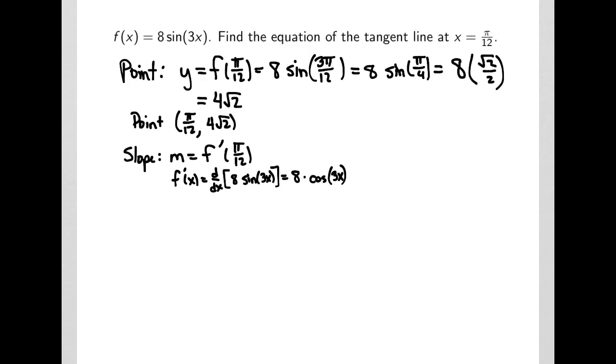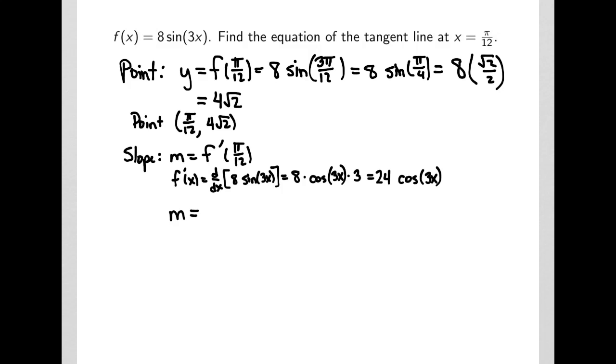And then the chain rule: I need to be sure that I take the derivative of 3x. So I get times, oops, not equals, times the derivative of 3x, which is 3. So my derivative is 24 cosine of 3x, and I'll use that to find the slope.